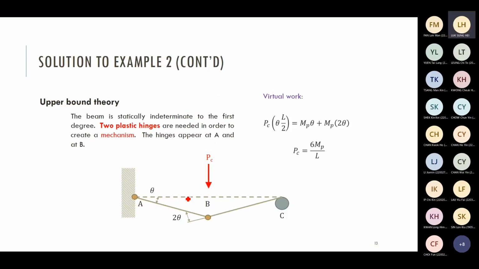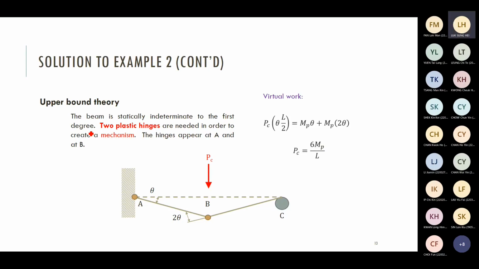Okay, let us have a look at how to apply the upper bound theorem on this problem. One end fixed, one end roller support. As mentioned before, there are two hinges because the beam is statically indeterminate to the first degree. The degree of indeterminacy is 1. So according to the previous statement, the number of plastic hinges required is equal to 1 plus 1 equal to 2.